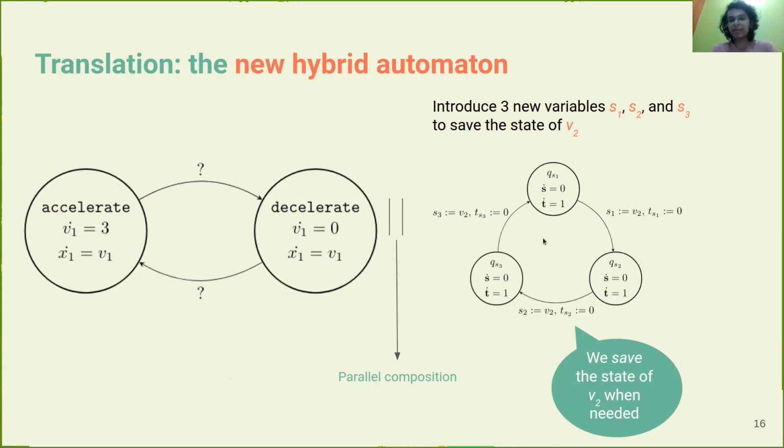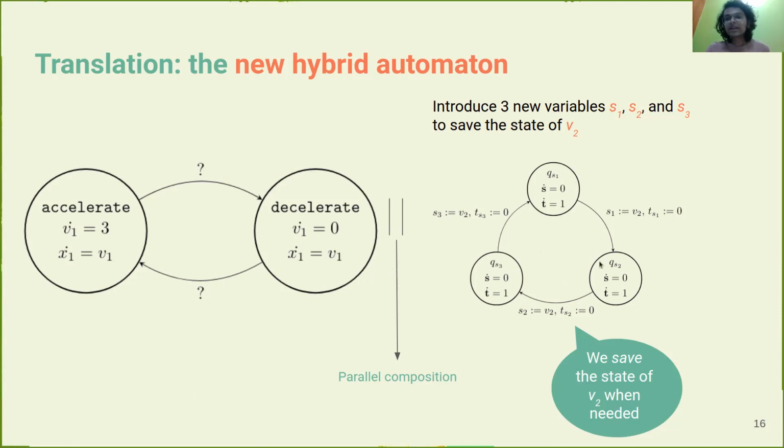This is just the parallel composition of 2 regular hybrid automaton. What the parallel composition means is just that when we have an execution of the hybrid automaton, these 2 automata just run parallelly with each other, and this can observe the variables of this automaton, and this automaton can observe the variables of this automaton.